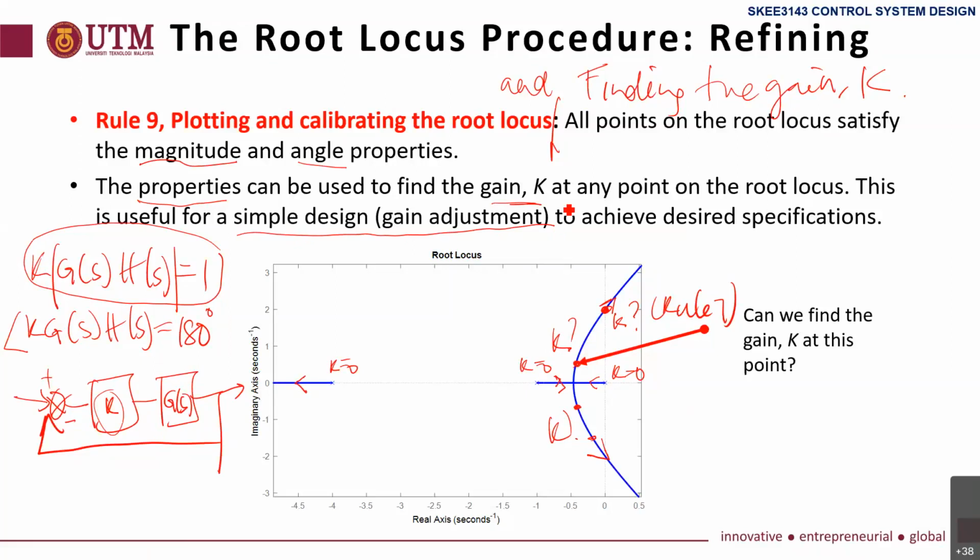In chapter 2, where we discuss control system design and PID controller design, we will start by designing a simple controller known as gain adjustment. Rule number 9 will be used for this.